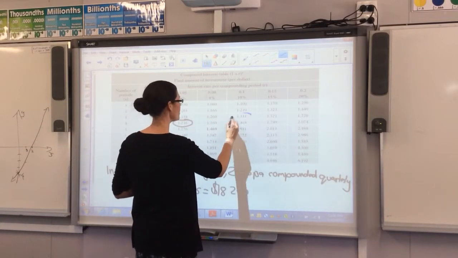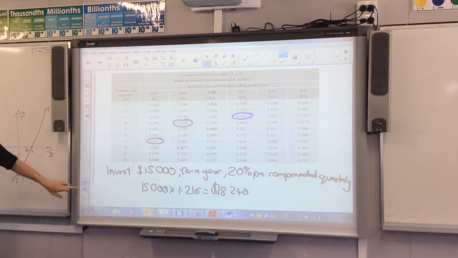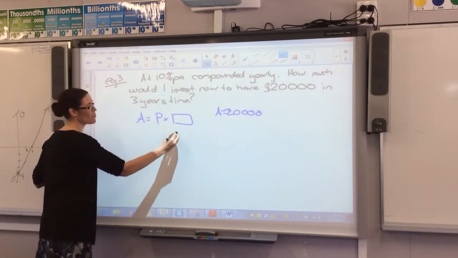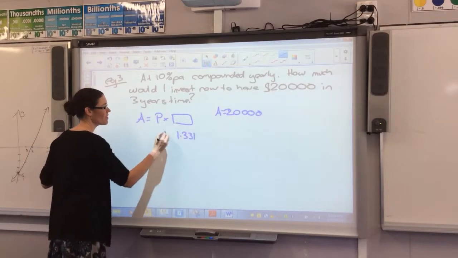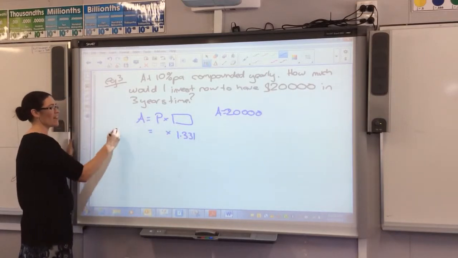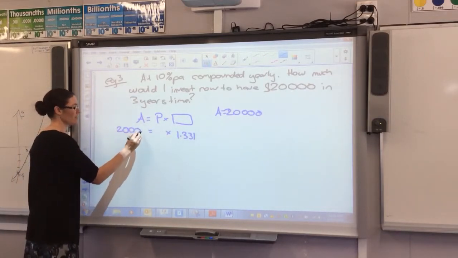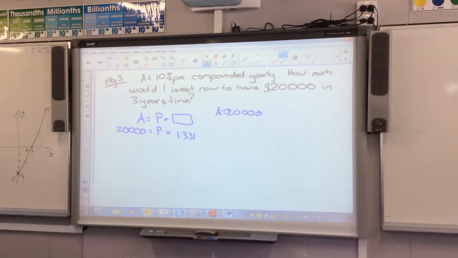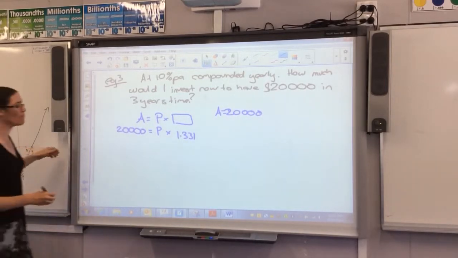That gives me this value here, 1.331. I know that the answer has to be 20,000, and I'm looking for what present value would calculate that. So what do I need to do to solve that equation? Divide. I'm going to have to divide by 1.331.